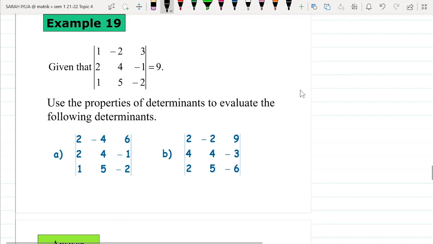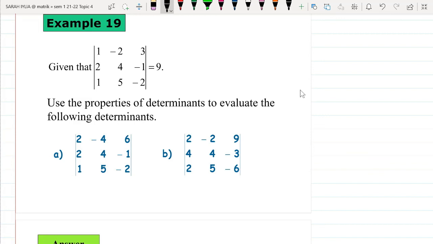Moving on, example 19. So, given that a matrix yang kita ada tu, determinant of it will be 9. Use the properties of determinant to evaluate the following determinant. Okay, daripada original kita tengok apa yang berubah. So, kita boleh cari determinant dia apa sebenarnya. Okay. So, from original determinant 9 untuk case A, kita tengok apa yang dah berubah.